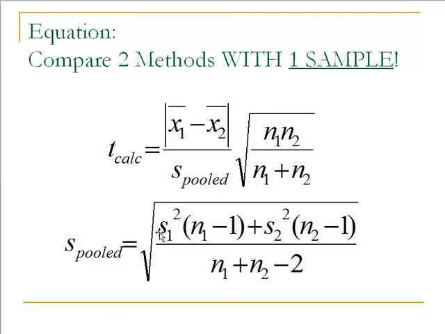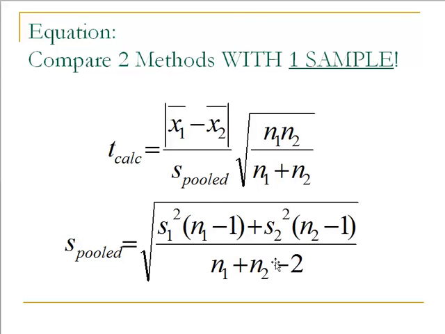So this is your standard deviation of your first method, and you square that number, times the number of measurements in the first method minus 1. That is degrees of freedom right there. Plus standard deviation of your second method squared times its degrees of freedom, number of measurements minus 1.